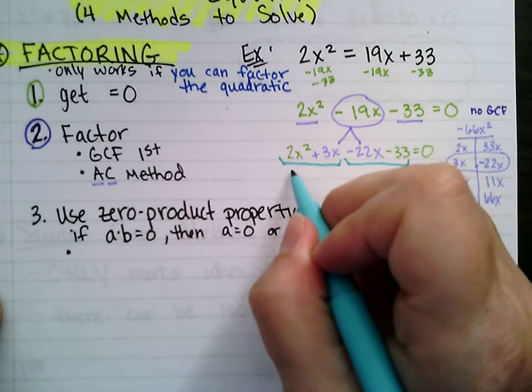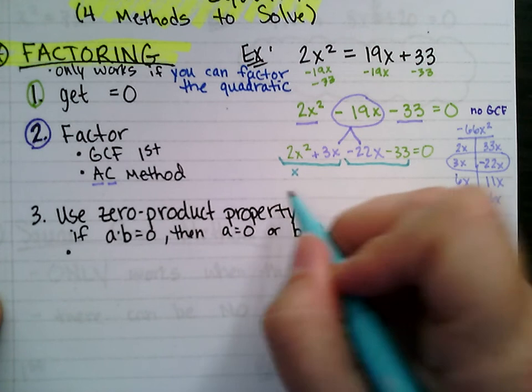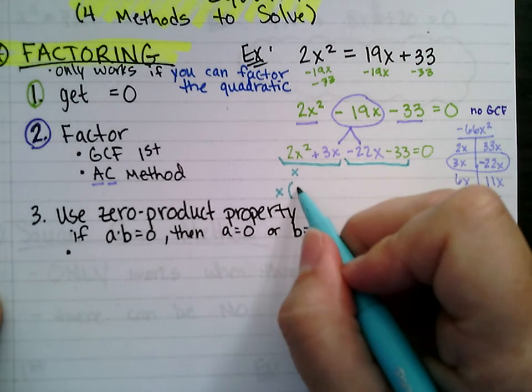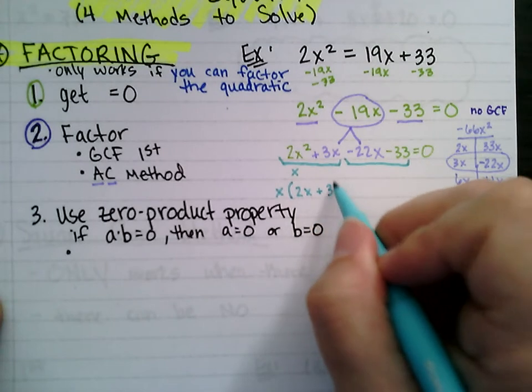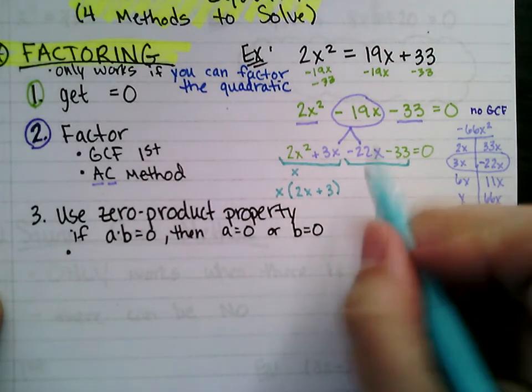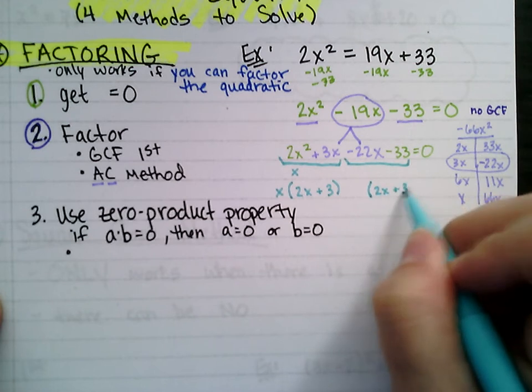So out of this group, looks like all I can take out is an x. So I will put an x out front. And then 2x squared divided by x leaves me 2x. 3x divided by x leaves me plus 3. And then I know I've got to take out the same thing to make 2x plus 3 here.